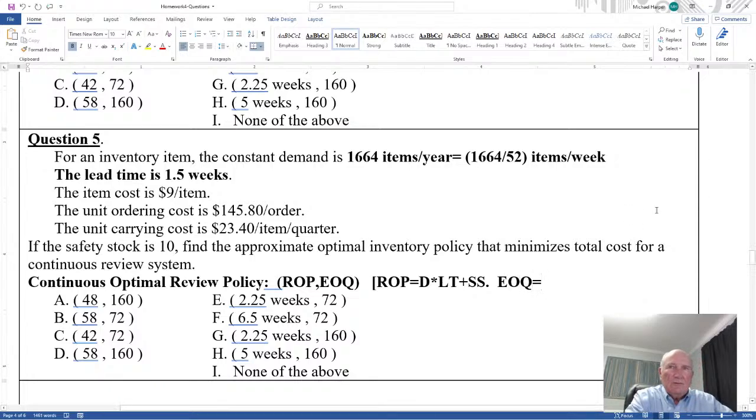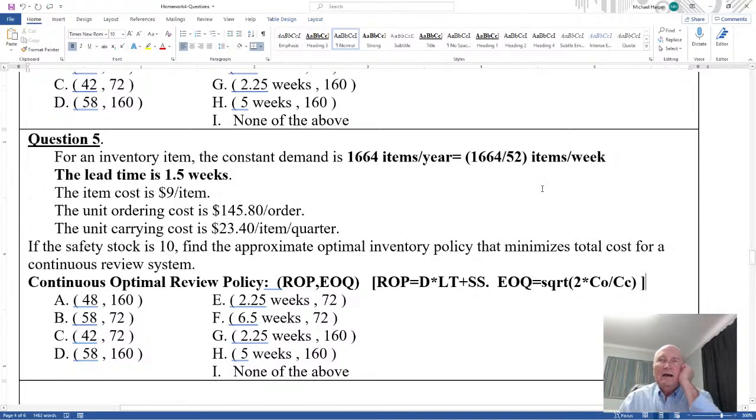EOQ equals square root of 2 times C sub O divided by C sub C. Oh wow, I'm having so much trouble with this. There it is. Now I got it.